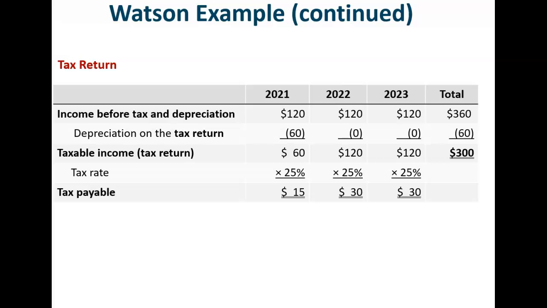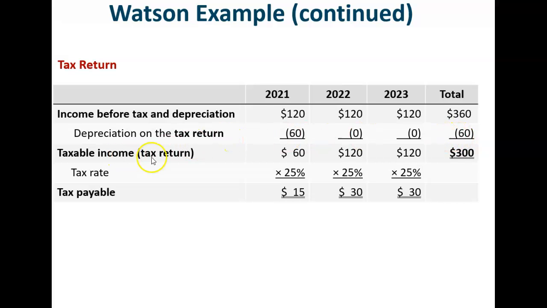Because we deducted the entire cost of the equipment in 2021, there is no depreciation available on the tax return for 2022 and 2023. So the total depreciation over the 3 years is $60,000, the same that was taken in the financial statements. It's just that timing is different.